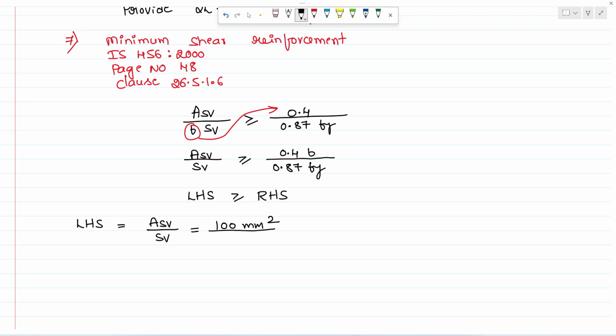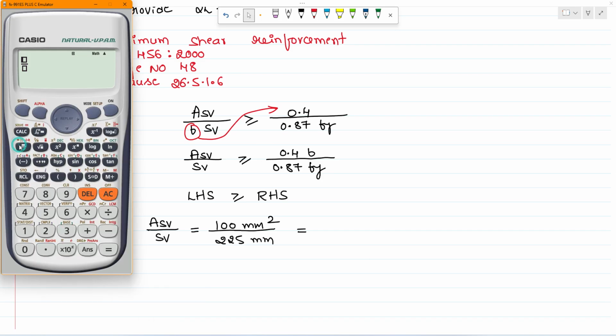So ASV will be 100 mm square. So spacing SV, I provided a spacing of 225 mm. So it will be 100 divided by 225. So it will be 0.4.